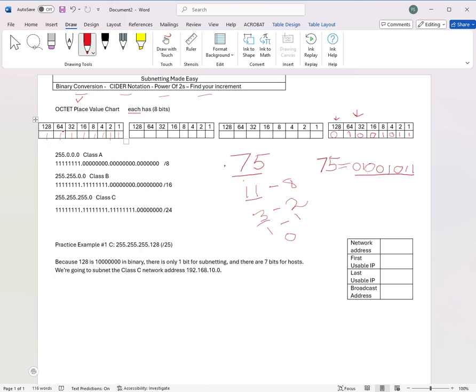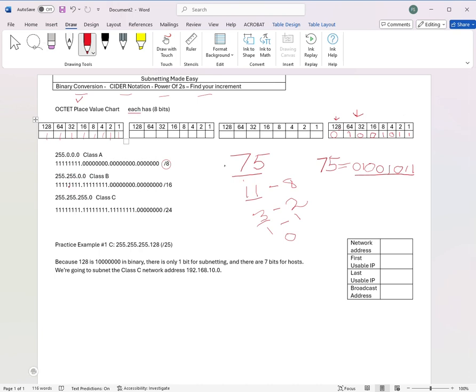And that's how you revert binary to decimal. And since we have 8 bits turned on here and everything else is off, in this example here, we have a /8. A class A subnet would have a default /8, CIDR notation with 8 bits on.